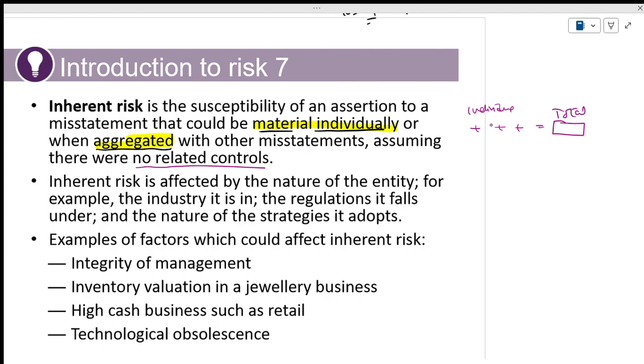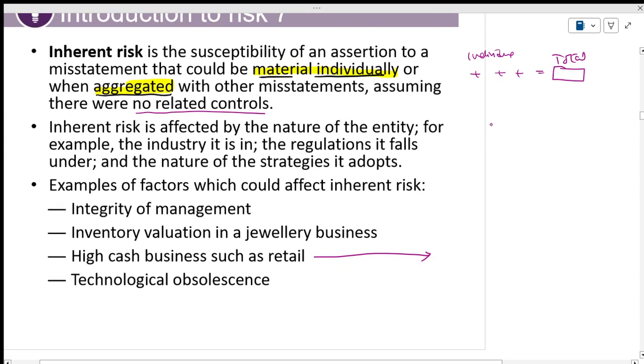What are the examples? First, high cash transactions such as retail. I told you, if you have a hypermarket, there will be so many cashiers. Assume everyone has a shortage of 5 reals.